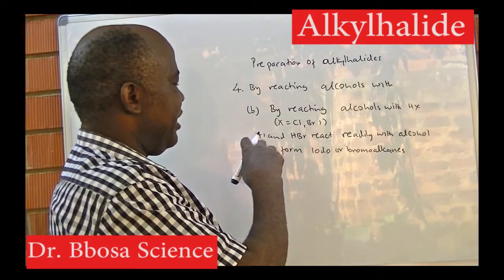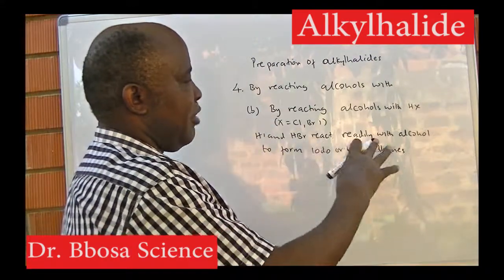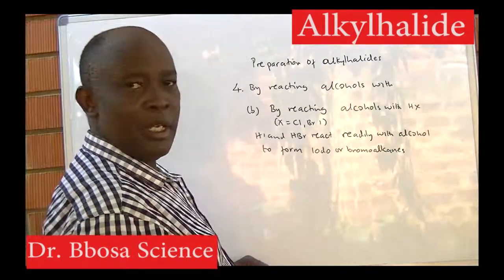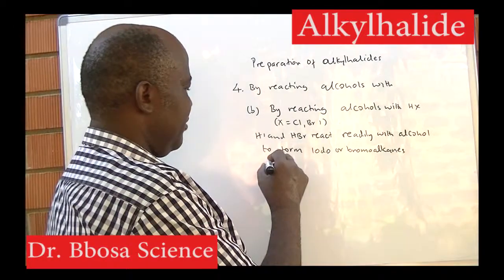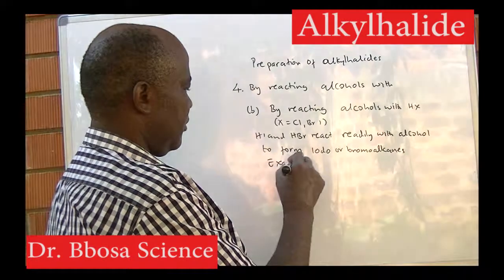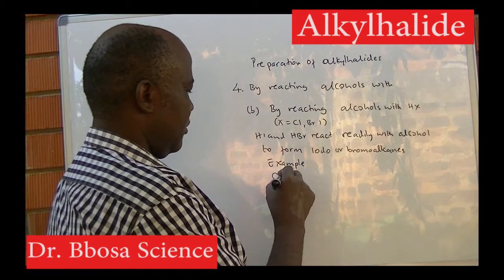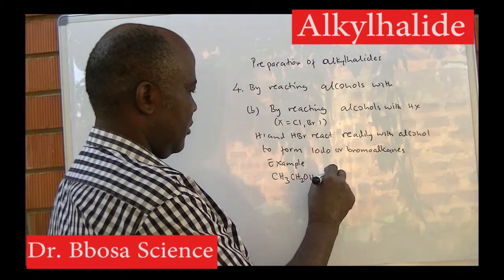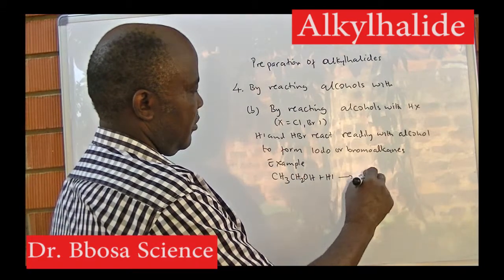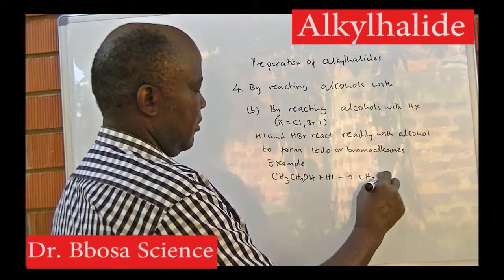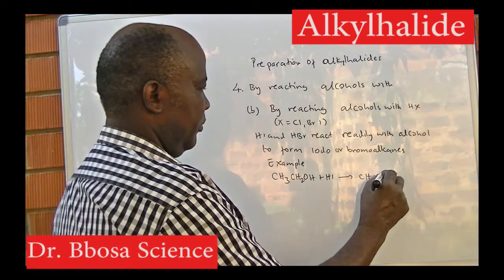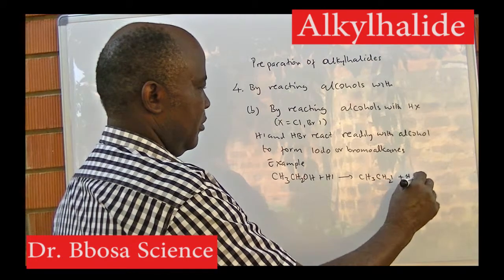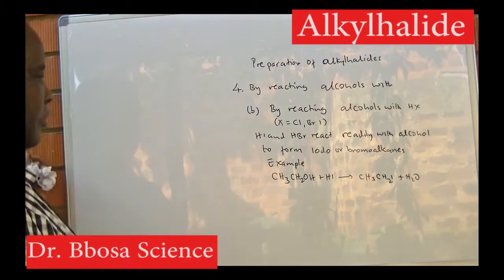HI, hydroiodic acid and hydrobromic acid react readily with alcohols to form iodo or bromo alkanes. Example: ... H2O.